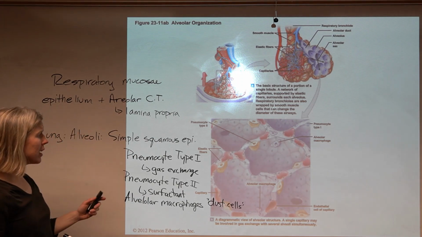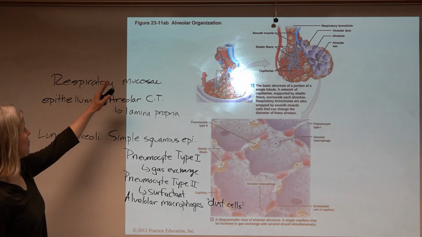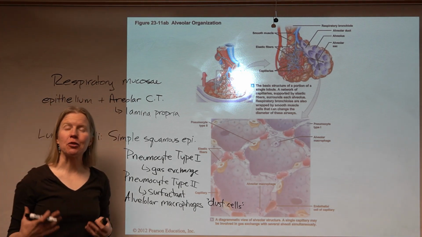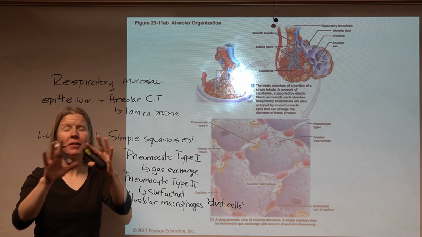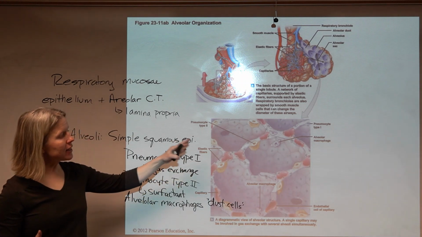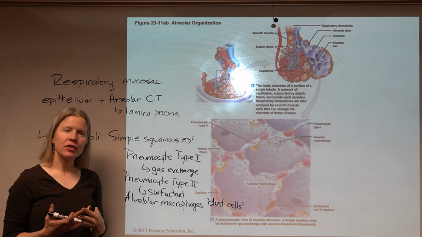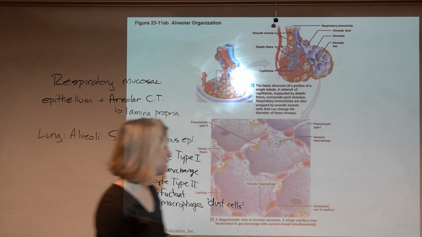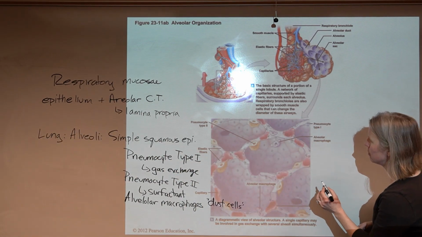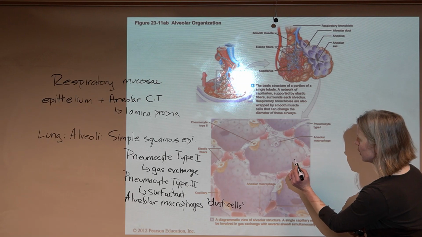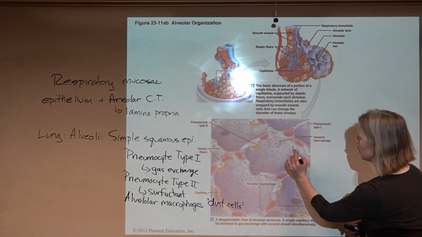Okay, now, if we think about this, we've made it all the way down here, we've been looking at this respiratory mucosa, the epithelium and the connective tissue. When we get to the alveoli, this surface of gas exchange, maybe we can zoom in right here.